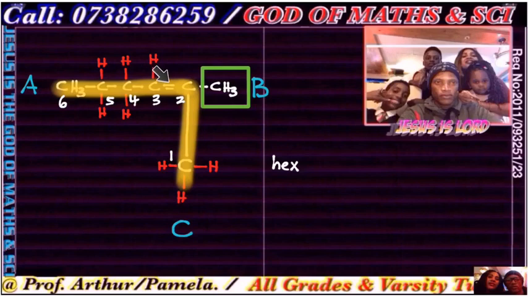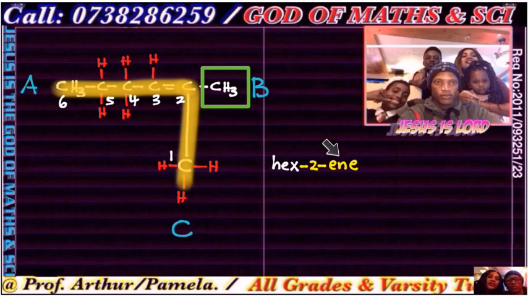But which number are we going to use, 3 or 2? The smaller one, yes. So now we can write it as hex-2-ene. This is one way you write it. That 2 refers to where the double bond is located.